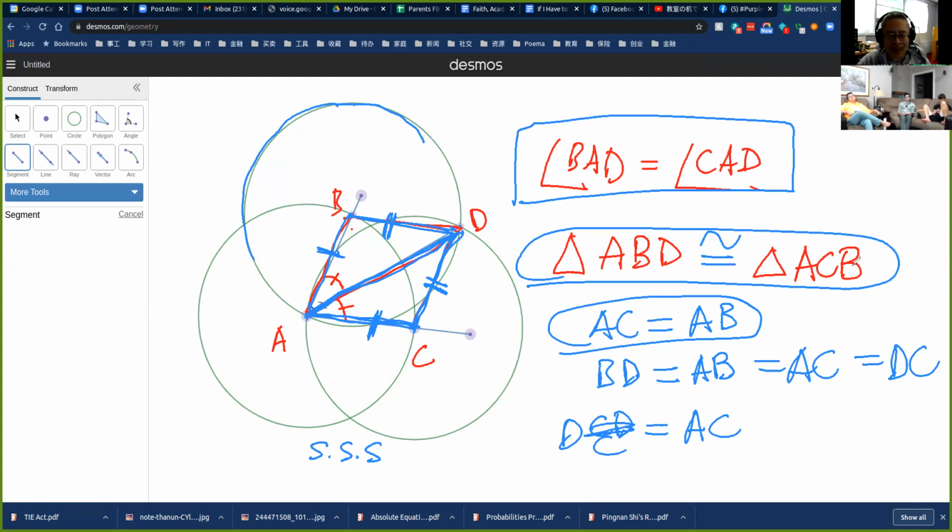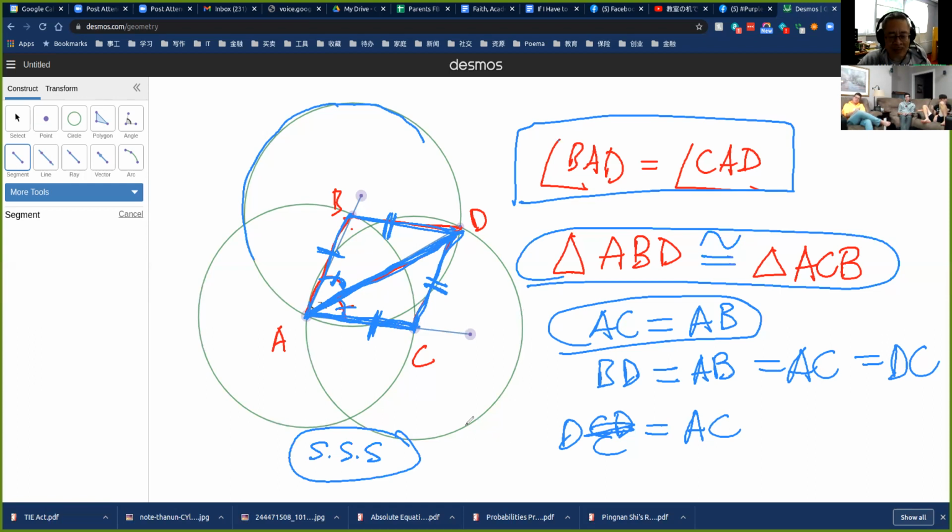And because of that, the angle BAD, which is this angle, is going to be congruent to angle CAD, this angle. Good. So now we have a new theorem called the angle bisector theorem. It doesn't matter what angle.